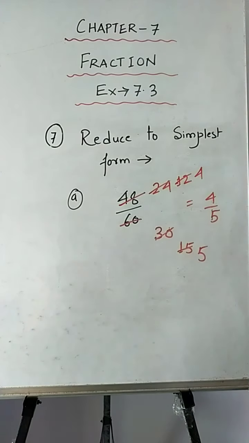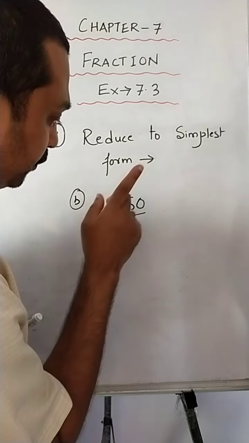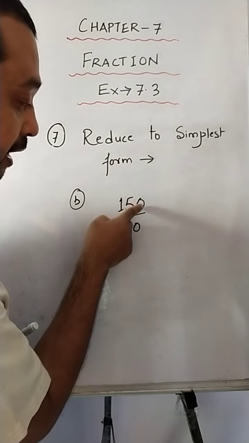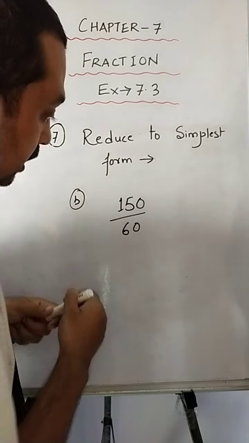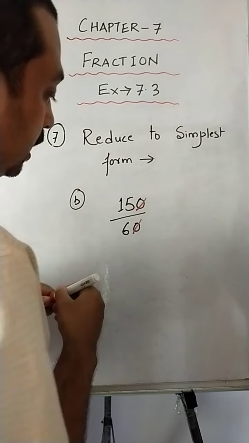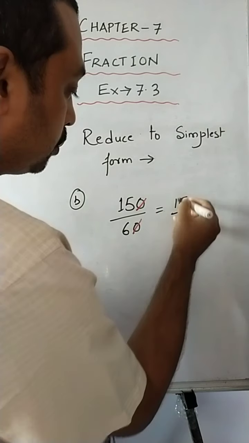Okay. Now let's do sum number B. Now we have 150 by 60. If you see, the numerator and the denominator both carry 0 at the unit digit. So what will you do? You will just cancel these two zeros. It will now become 15 by 6. So easy.